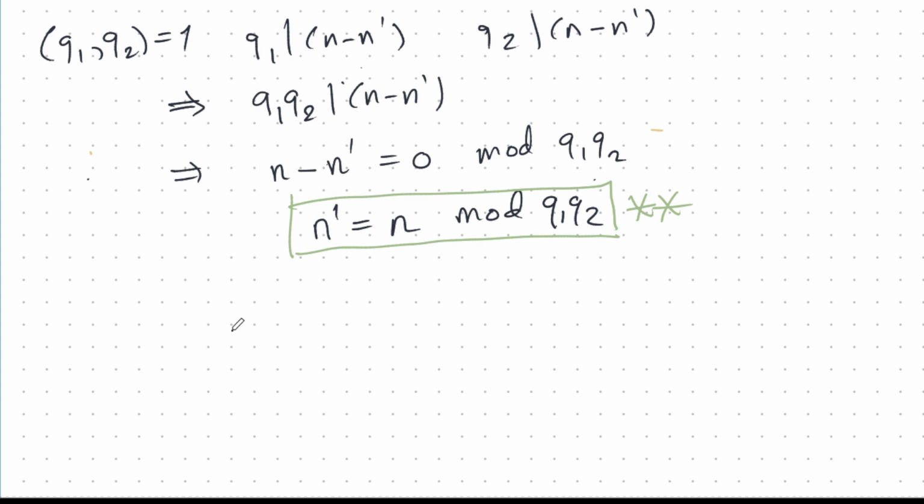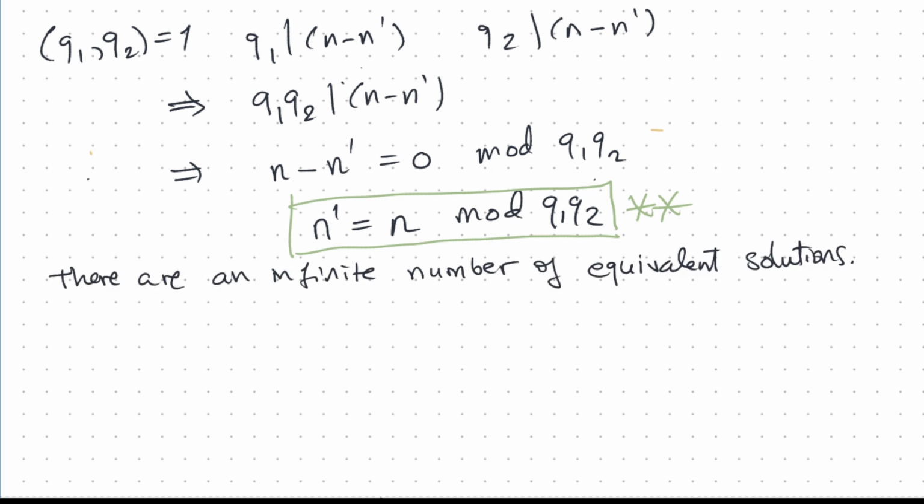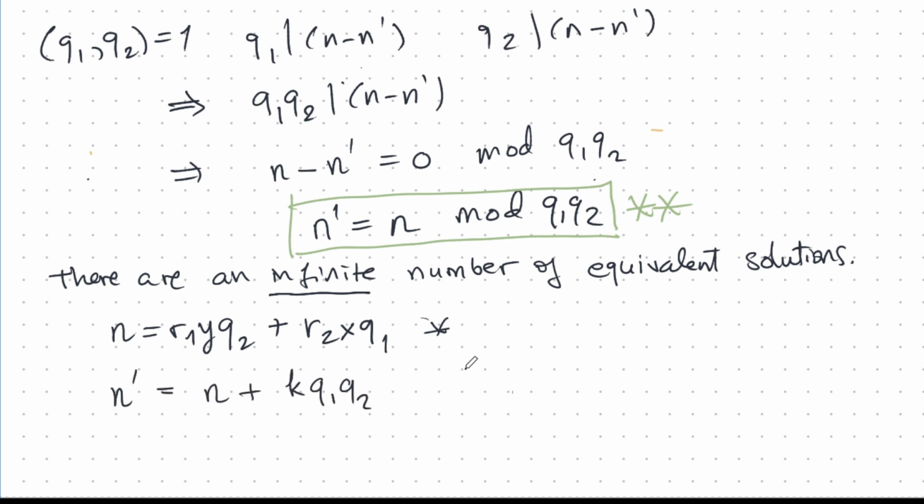It's amazing. But we can go a little bit farther than this, and I want to prove the following. Well, we proved that if we have another solution, it's got to be equivalent. But now I want to prove that there are an infinite number of such equivalent solutions. We proved earlier that this is a solution, so we know that as a fact. But it is easy to see that this here is also a solution.